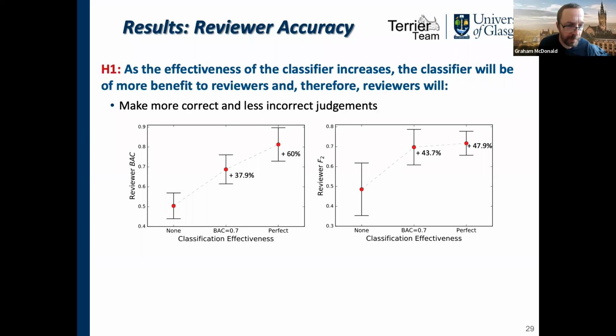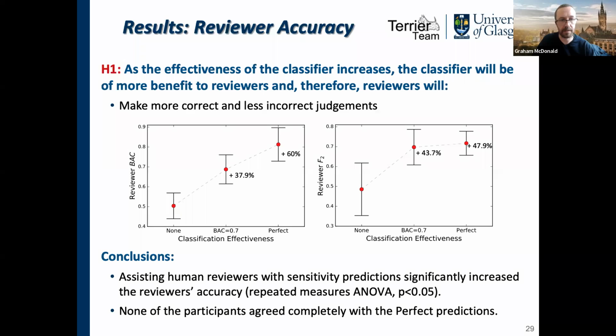providing the reviewers with classification predictions increased their accuracy compared to the expert judgments. But interestingly, there seems to be diminishing returns, particularly in terms of F2, and where the perfect predictions didn't actually result in significant improvements, with p 0.01, over the back 0.7 classifier.